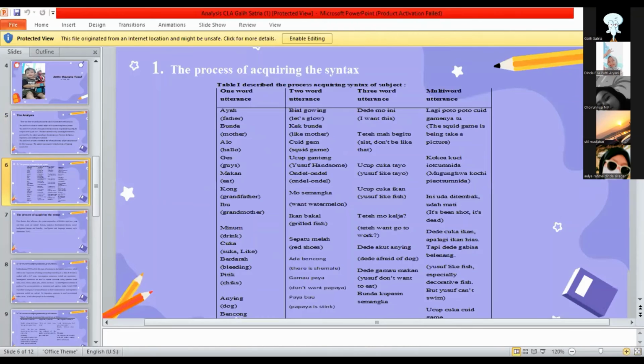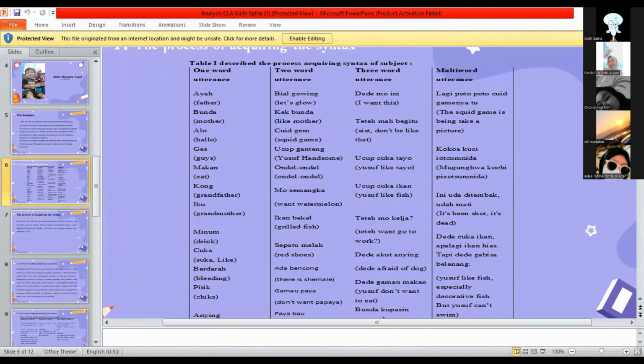So yeah, table number one describes the process of acquiring the syntax. Like Yusuf, Yusuf is quite smart, and he's quite good at using some sentences.